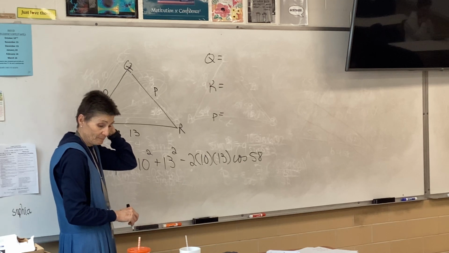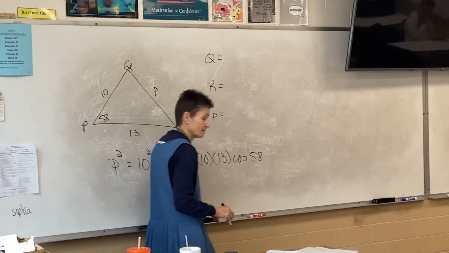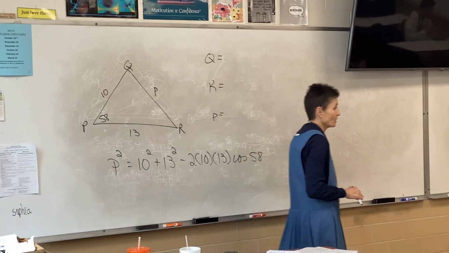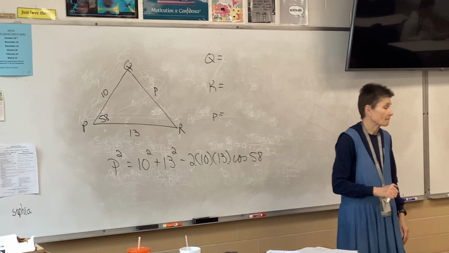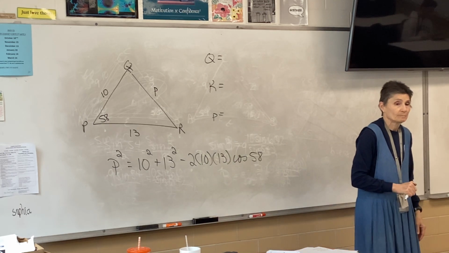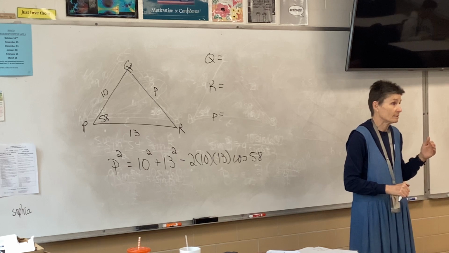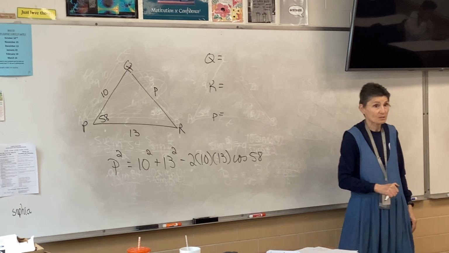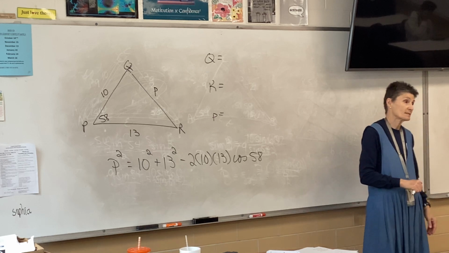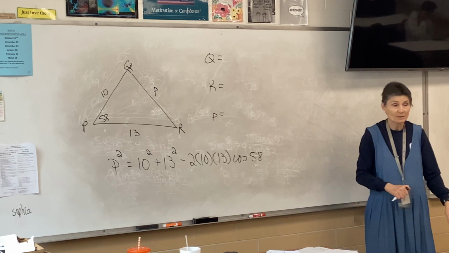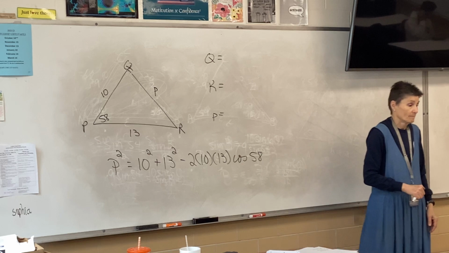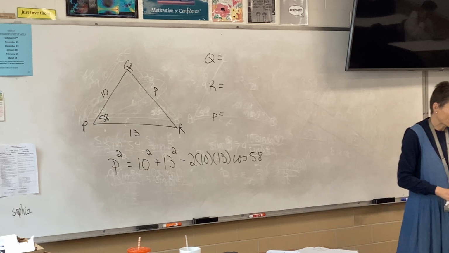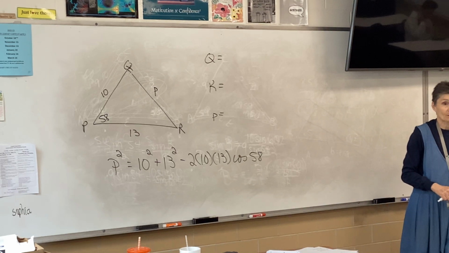All right, type it in. Ooh, you're gonna have to help me. I didn't do it with my calculator. Don't help me. Type it in, and type it in just the way I wrote it. Please, don't be getting funky. Just type 10 squared plus 13 squared minus 2 times 10 times 13 times cosine 58. These are so easy to type in. Type 131.22.